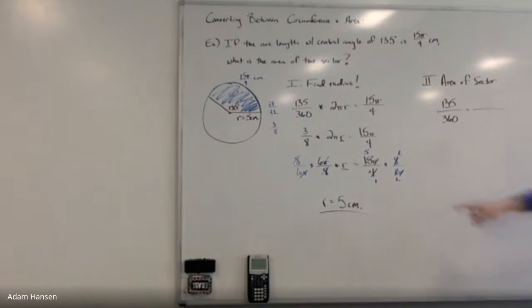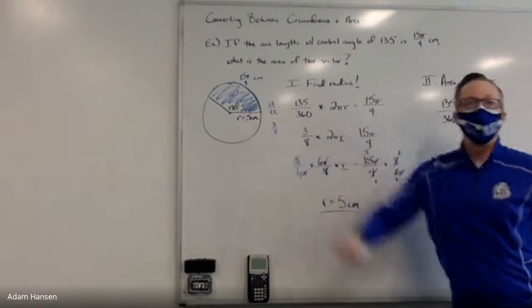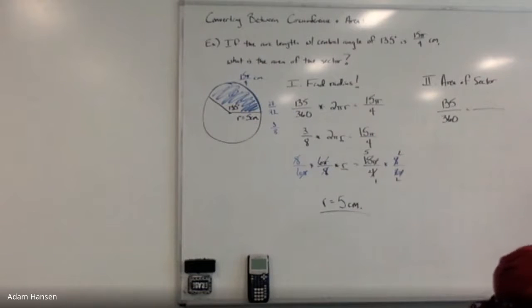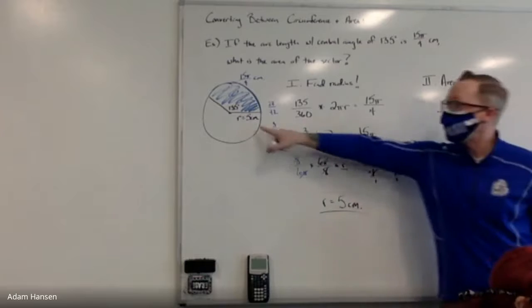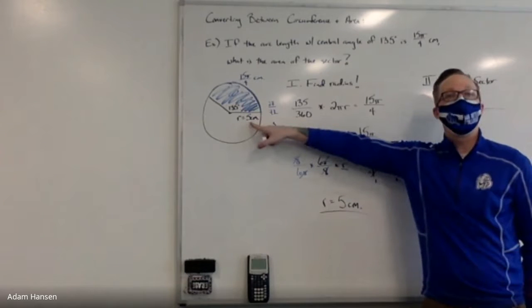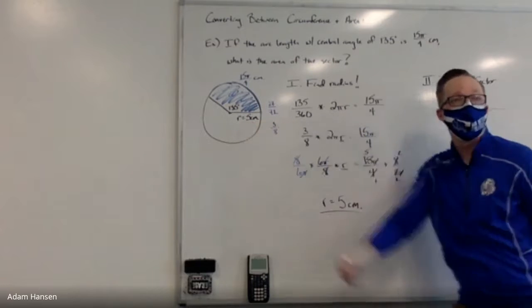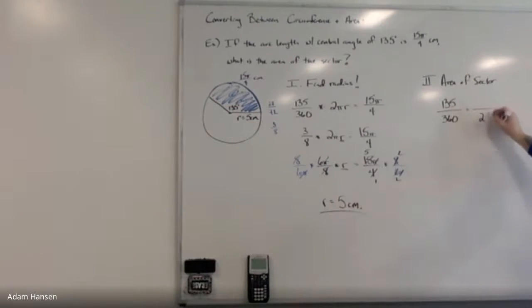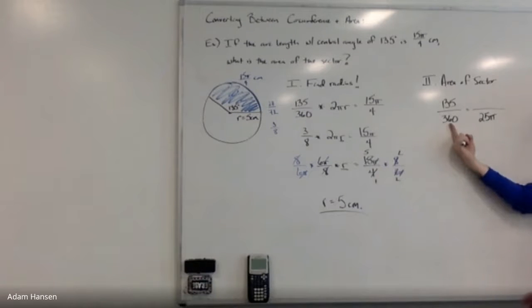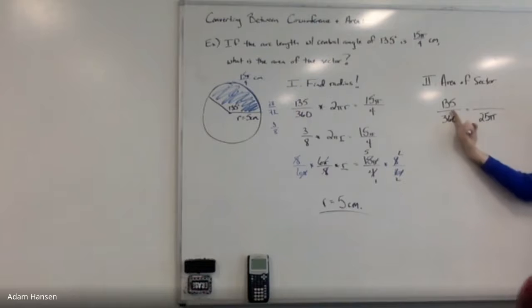Pi r squared. Our radius we know is 5. So what's 5 squared? Pi times 5 squared gives us an area of 25 pi. All of the circle, all 360 degrees worth, has an area of 25 pi.